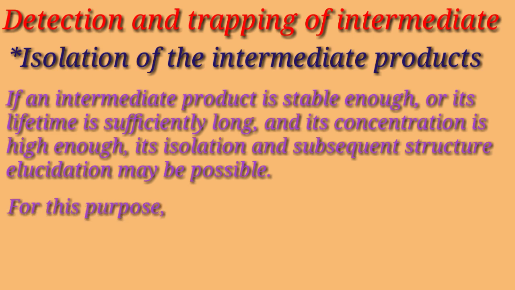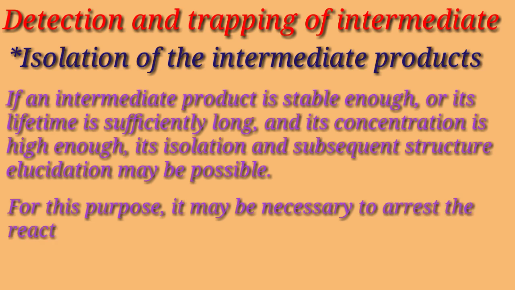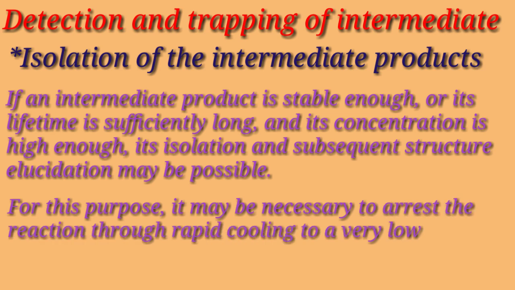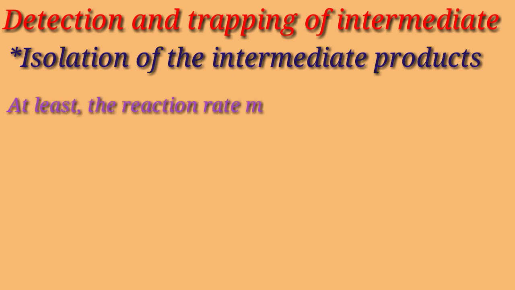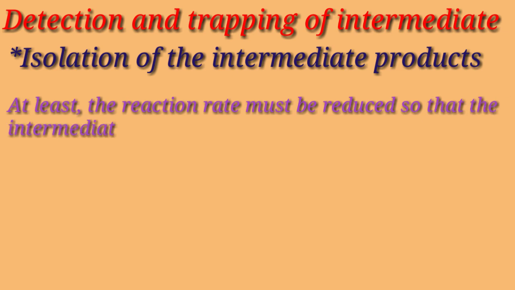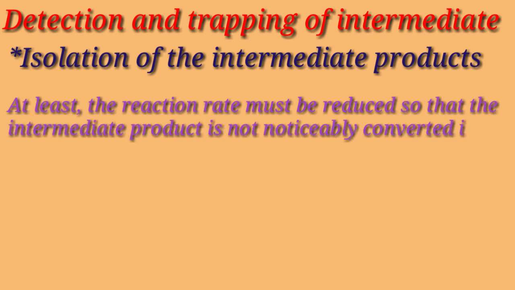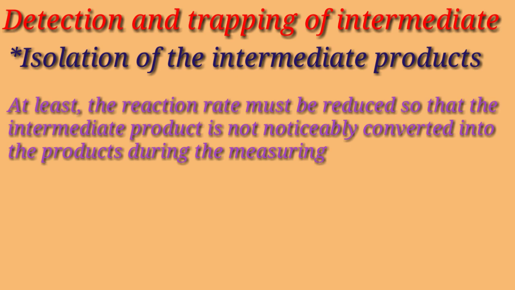For this purpose, it may be necessary to arrest the reaction through rapid cooling to a very low temperature, or at least the reaction rate must be reduced so that the intermediate product is not noticeably converted into the final product during the measuring process.